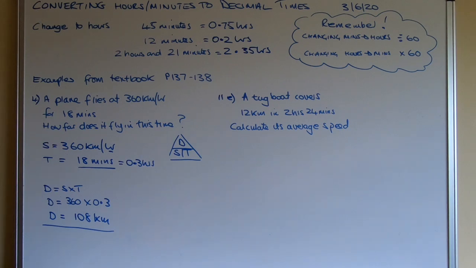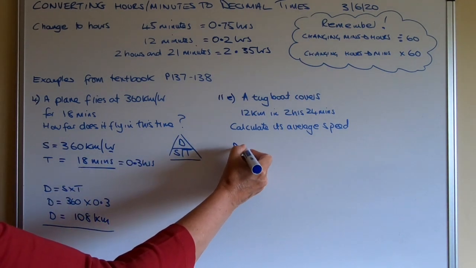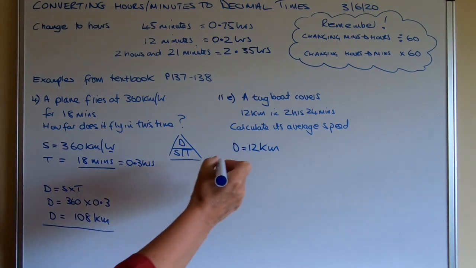Let's look at 11 part E. That question says, a tugboat covers 12 kilometres in 2 hours and 24 minutes. Calculate its average speed. So let's write down what we have. A tugboat covers 12 kilometres, so our distance is equal to 12 kilometres in 2 hours and 24 minutes.